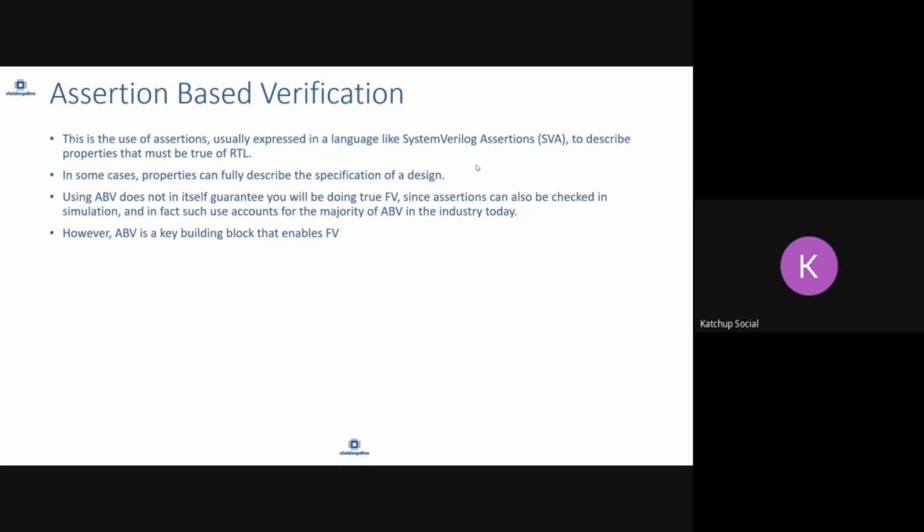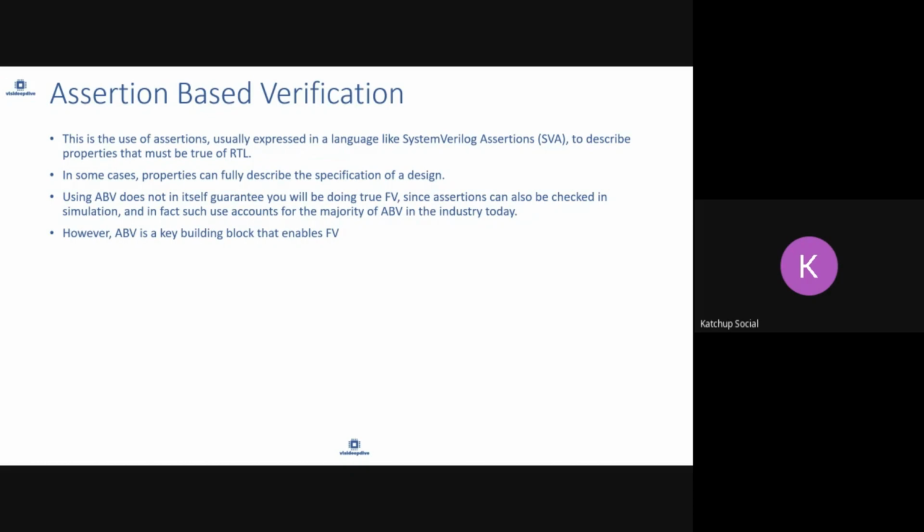For example, a property can be as simple as: when you apply reset, this flop goes to 0, or the counter increases by 1 in every cycle. Whatever the behaviors and properties of your design are, think of them in English, and they are converted into a language, the most commonly used being SystemVerilog. There used to be other languages earlier related to VHDL, like PSL. Those languages are used to describe the properties of your design.